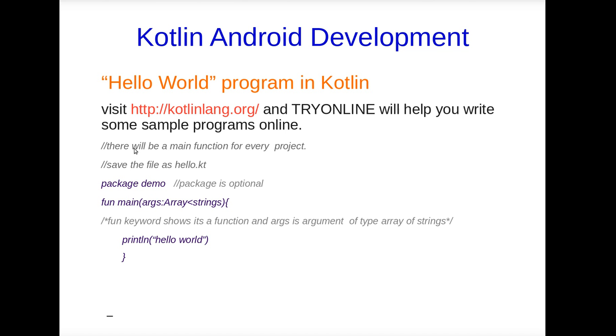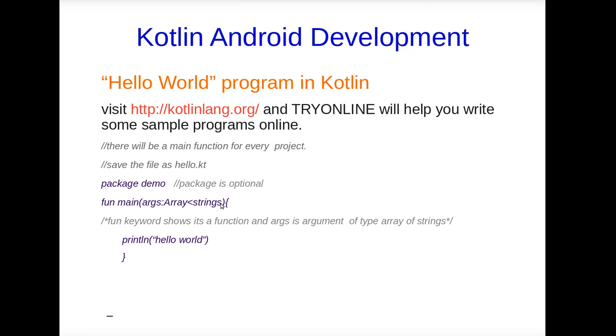As we can see, the entry point for the Kotlin language is the main function. The fun keyword defines the function, and main has arguments of type array of strings.